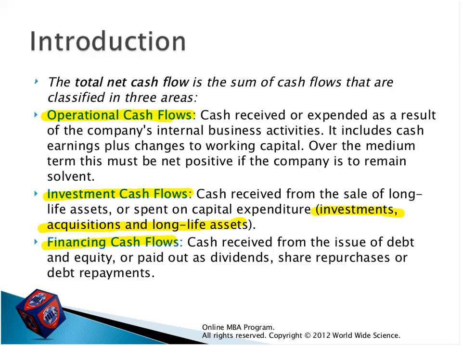Next one, the financing cash flows. This is the cash received from the issue of debt and equity, or paid out as dividends, share repurchases or debt prepayments. For example, the company wants to issue new shares, and if the money is paid in cash for those shares, when it comes into the company's accounts, it goes under the financial cash flow part.